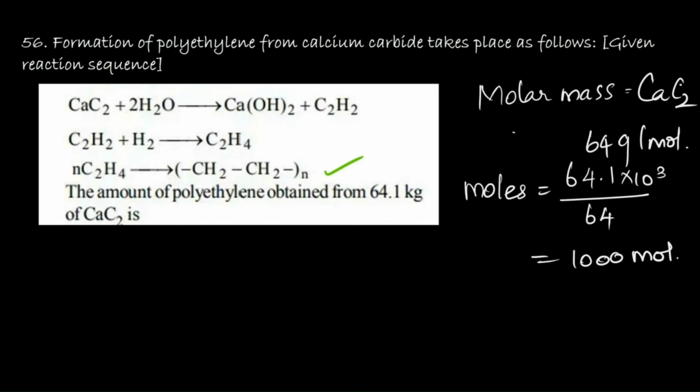I already told you a 1:1 ratio is followed: 1 calcium carbide, 1 ethyne, 1 ethyne produces 1 ethene, n ethene gives polyethylene. Whatever ethene they have, that will give you the polyethylene. So let's calculate with 1000 moles.